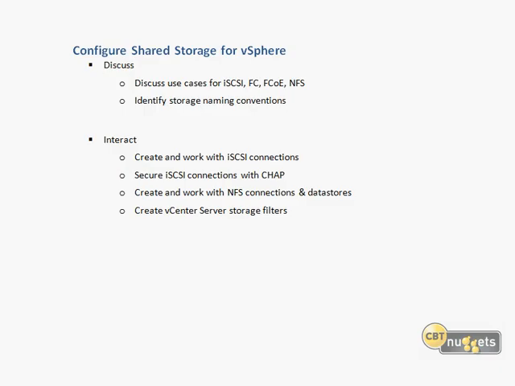We talked about those storage naming conventions as well, and how you need to be aware of those because you're going to get those thrown at you during different types of situations as you're working with your ESX hosts. And then we went through and created some iSCSI connections, associated them with CHAP authentication, as well as some NFS connections and data stores, and ultimately how to create those storage filters to disable them if you find you don't want them turned on.